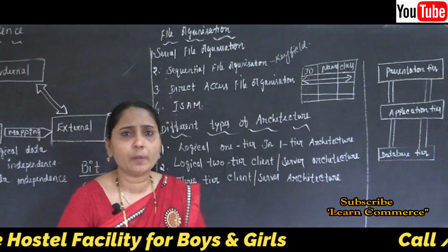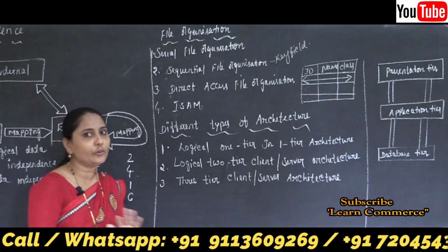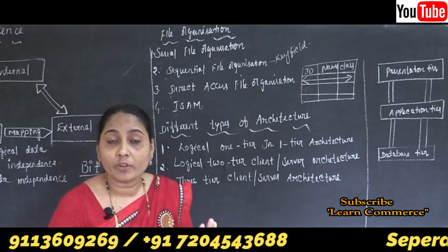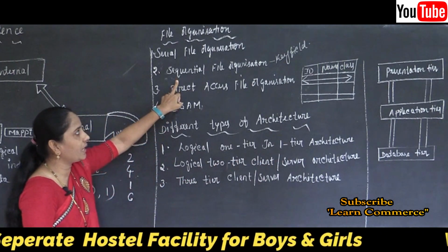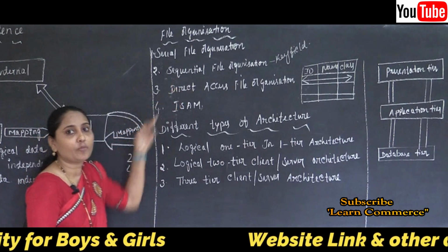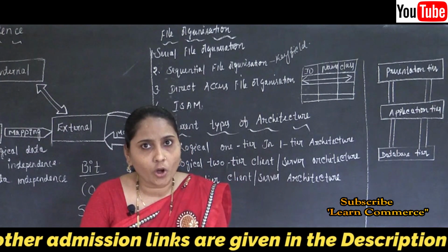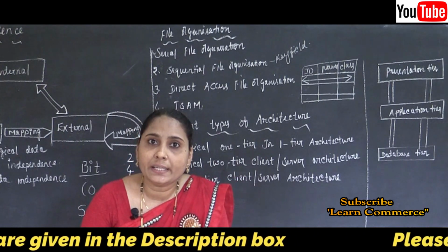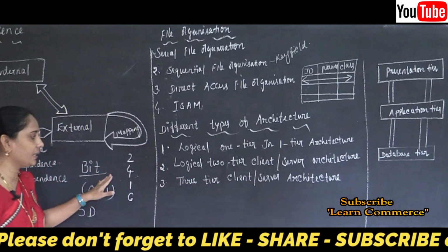Is it possible by using sequential file organization? So we can say that no, it's not possible to access any particular record directly by using the sequential file organization. To access this record, the computer must read the file in sequence, that is from the beginning. Clear this point here?